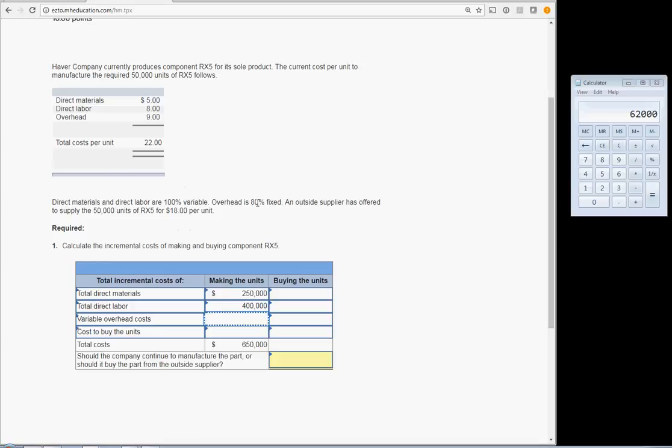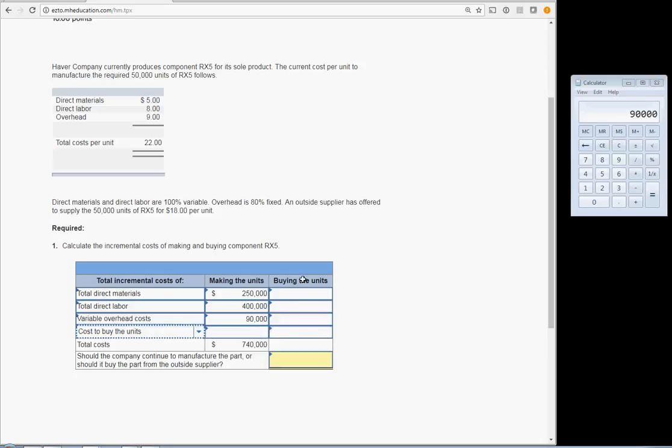It says it right here. It's 80% fixed, so 20% is variable. Let's figure that out. 9 times 0.2 is going to be $1.80 variable. Now I multiply that by the 50,000 units, and my variable piece is $90,000. If I buy the units, I have no overhead.